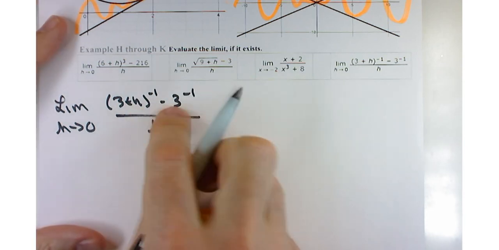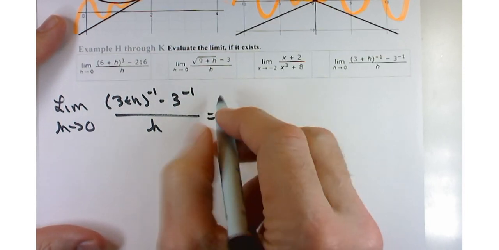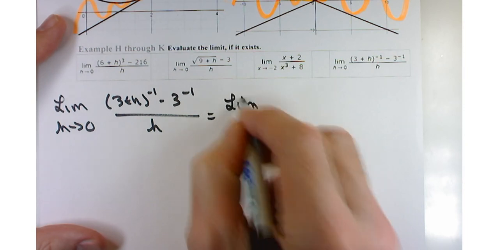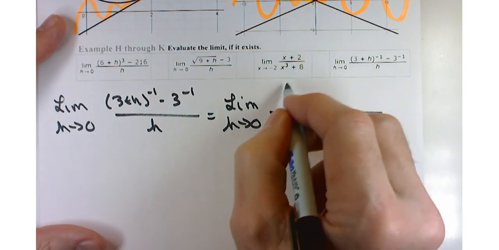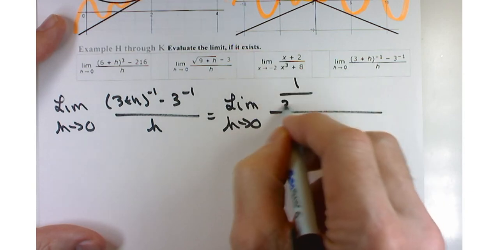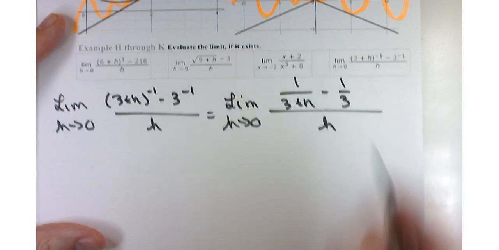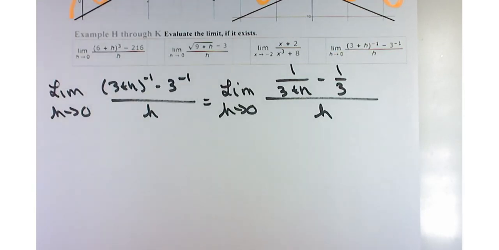So let's remind ourselves what this notation means. What does it mean when I have, say, 3 to the negative first power? What's a different way I can write that? 1 over 3. So this is going to be 1 over 3 plus h minus 1 over 3 divided by h. And it's kind of unfortunate that we've got these fractions in the numerator. We've got two different fractions.